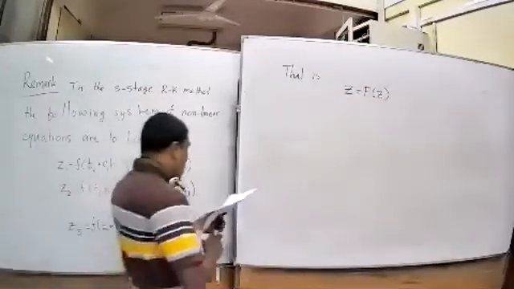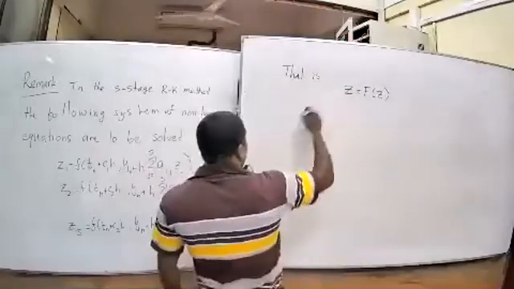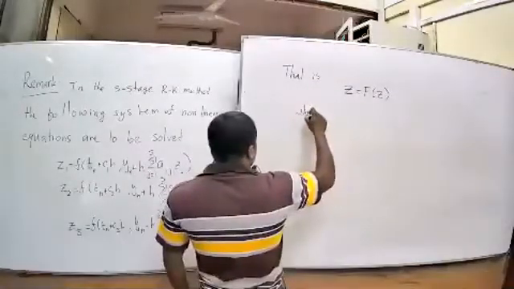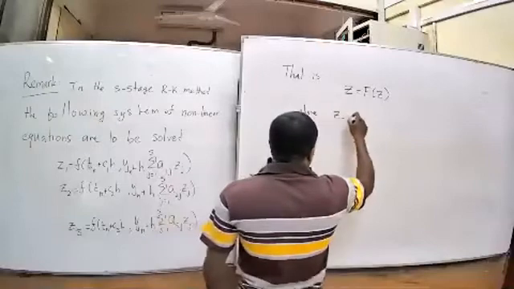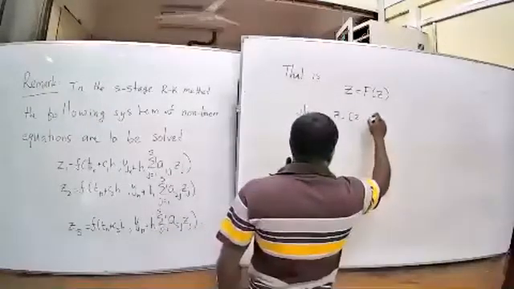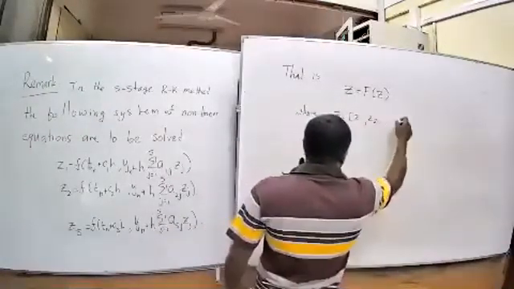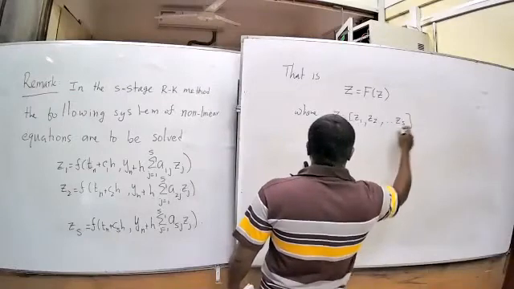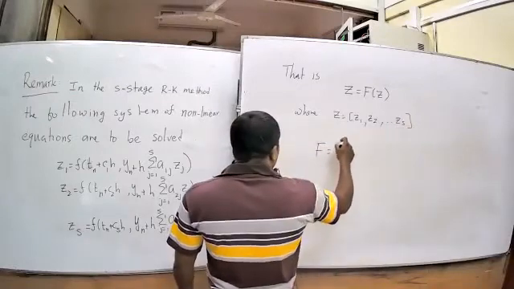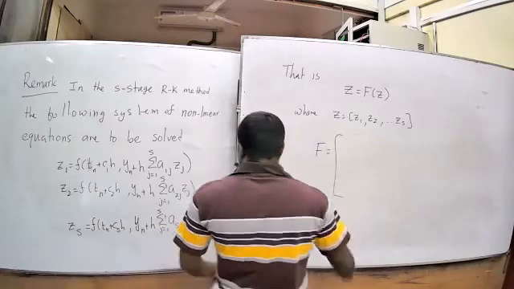So now, let me write Z1, Z2 up to ZS, and F is again a matrix like this, right?